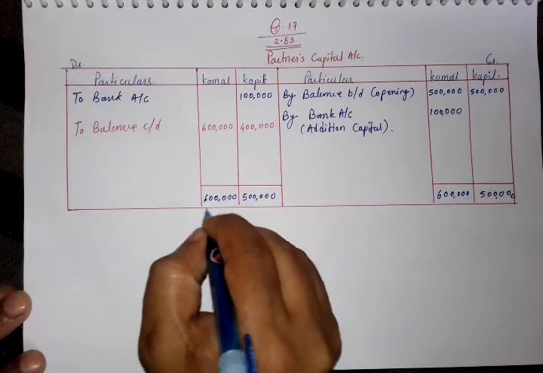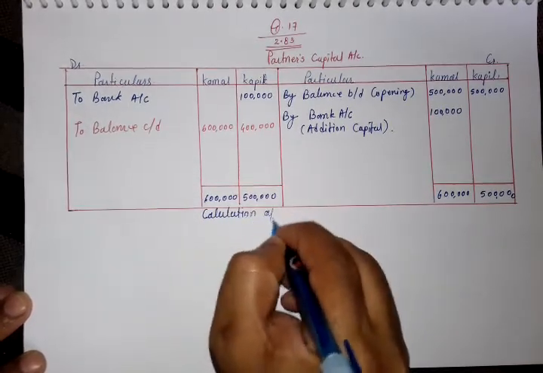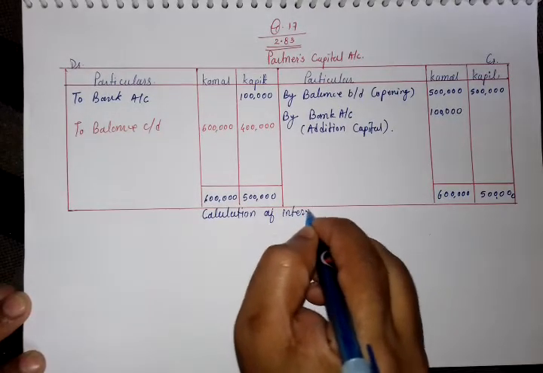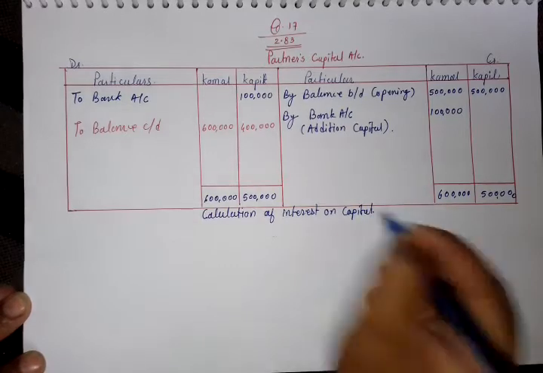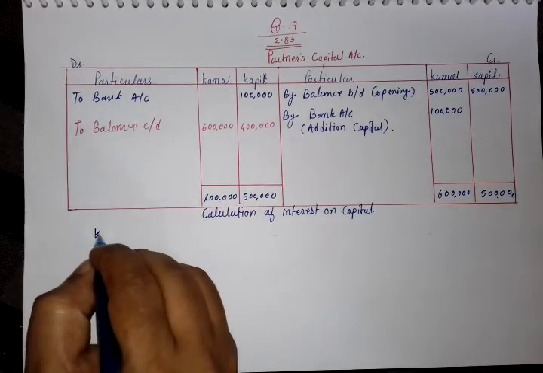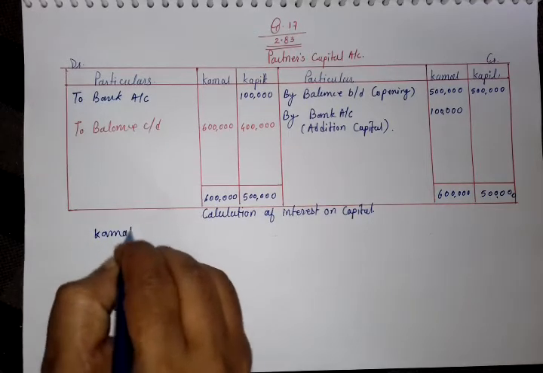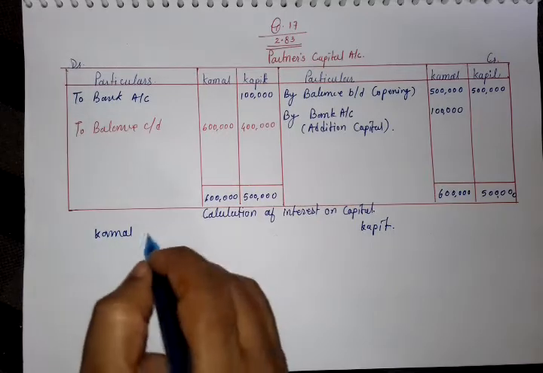So calculation of interest on capital. See, Kamal and Kapil, both are partners.